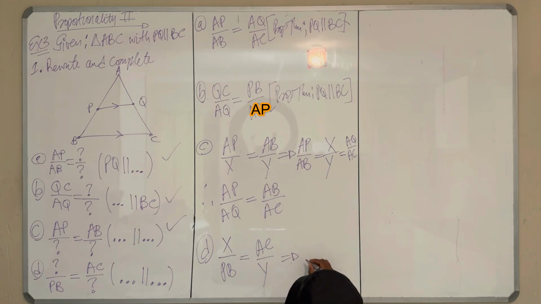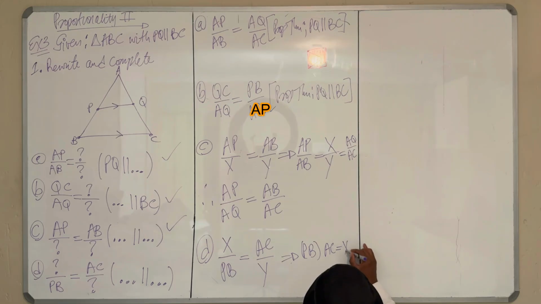So we're going to have PB times AC is equal to XY.